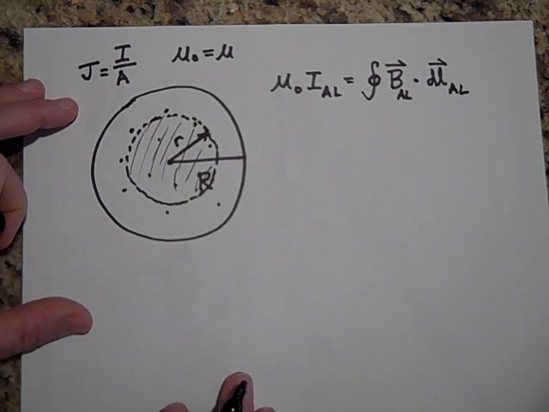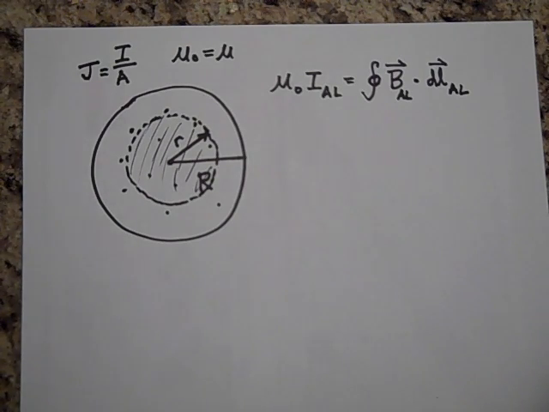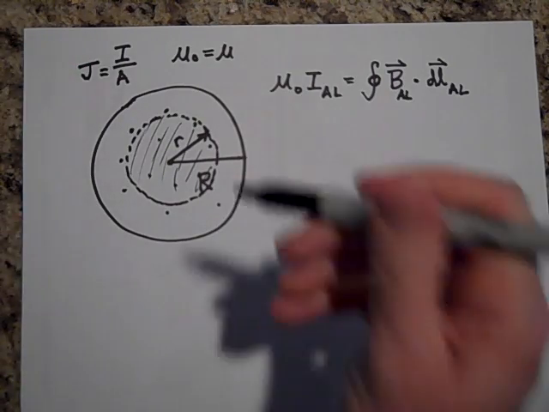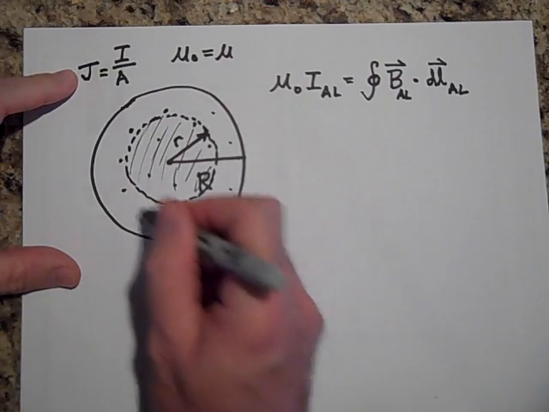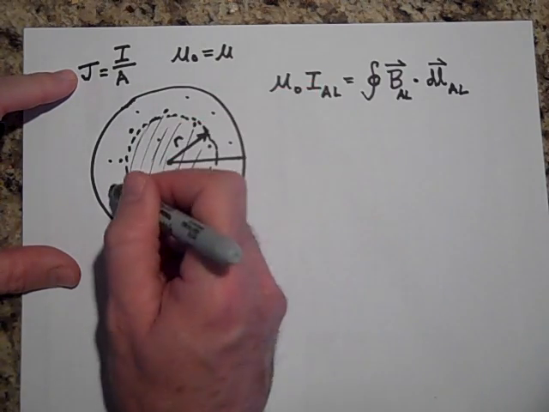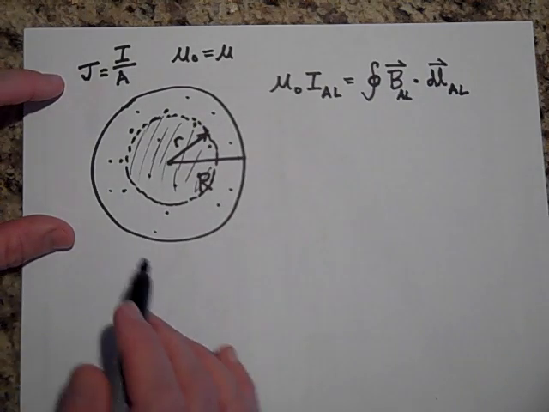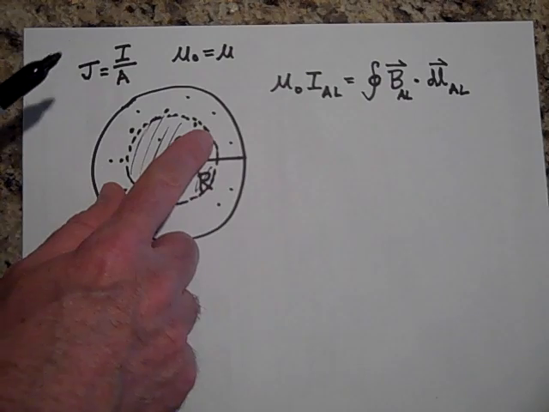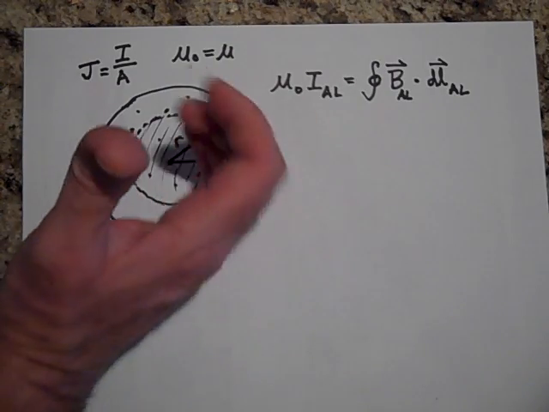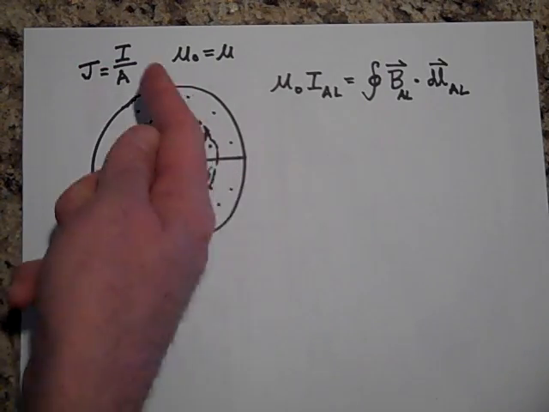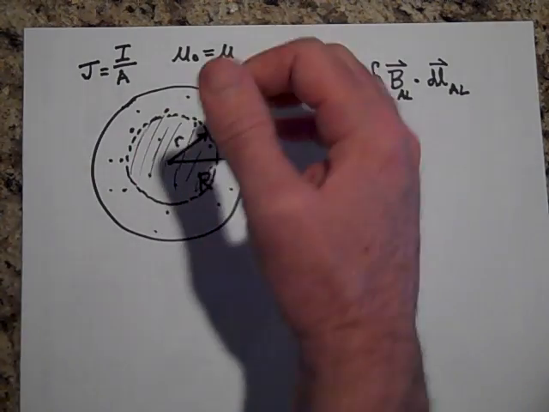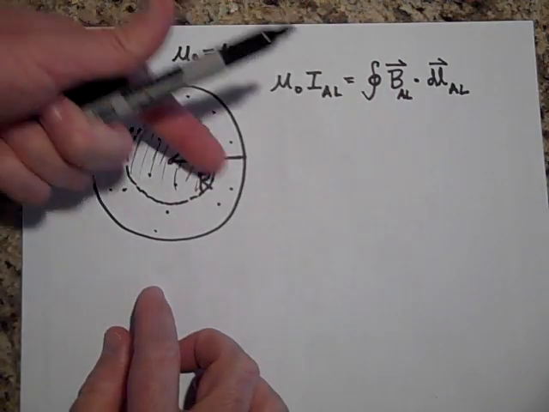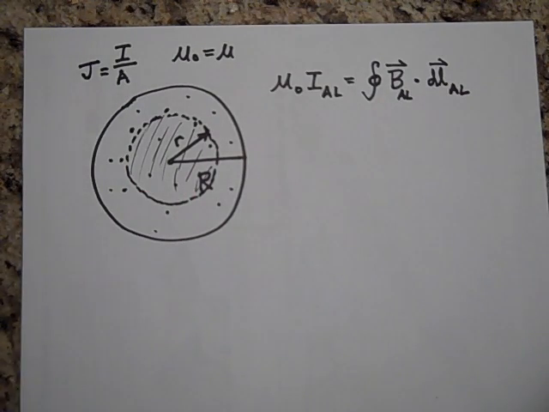Okay. So as you might guess, the B right here is going to be, well, let's just talk for a moment about the B that's due to these guys out here. We're going to get a cancellation effect from these because the B's from here are going to be putting a field that way, where the B's from here are going to be putting a field this way. And so you're going to get a cancellation effect there.